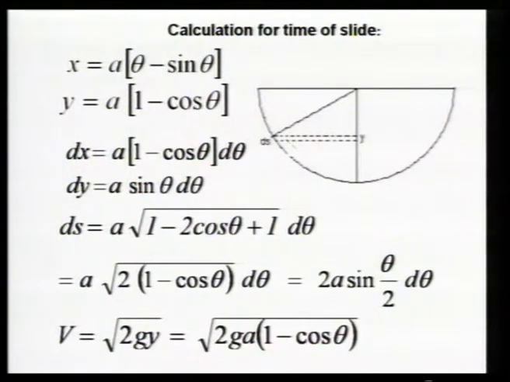And under root 2gy for the velocity. We substitute. For y we substitute from here, and we obtain under root 2ga(1 minus cos theta). I said that we need not convert into the second step because this will cancel out. Substitute it in the expression for t.